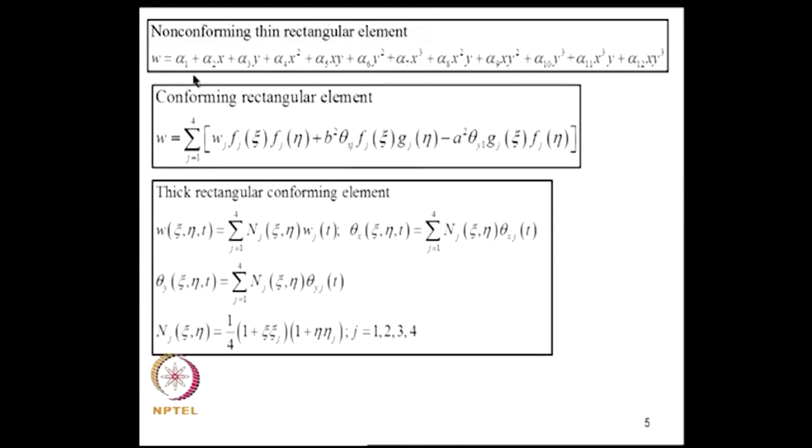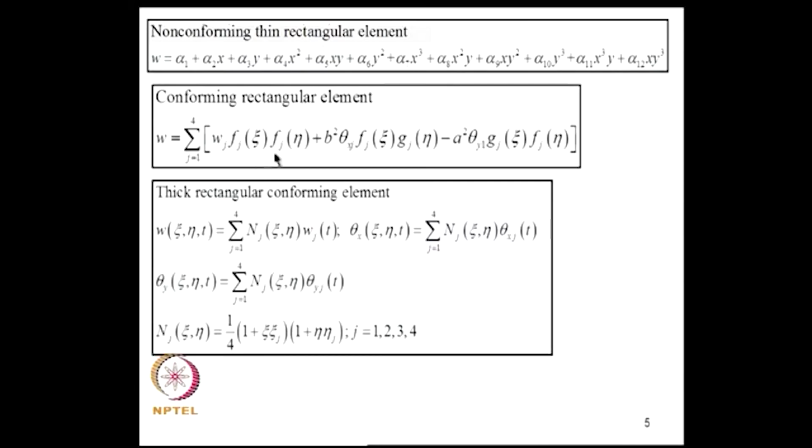So, we use a 12 term expansion as shown here up to cubic, where all the terms in the Pascal triangle are included. The last 2 terms, x cube y and x y cube, are selected so as to retain geometric invariance. For this element, we showed that across the element boundaries theta y will not be continuous, therefore, it is a non-conforming element.